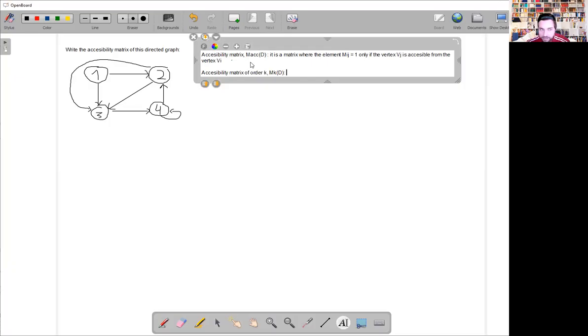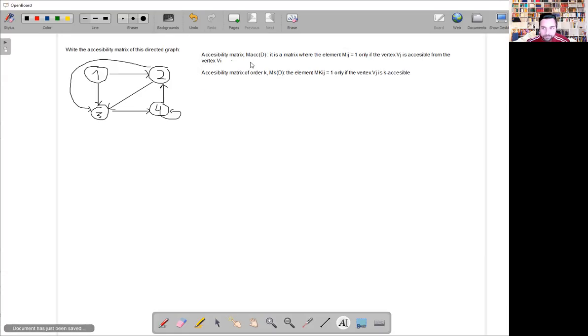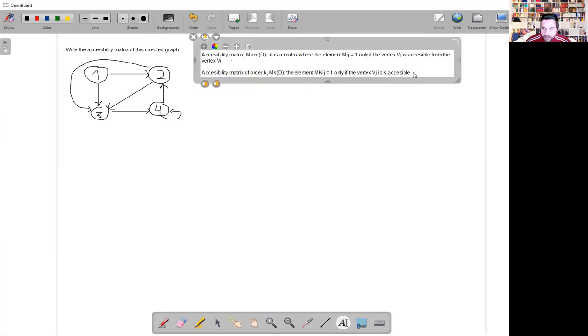And it is a matrix where the element ij is equal to 1 only if the vertex vj is k-accessible from vi, right?